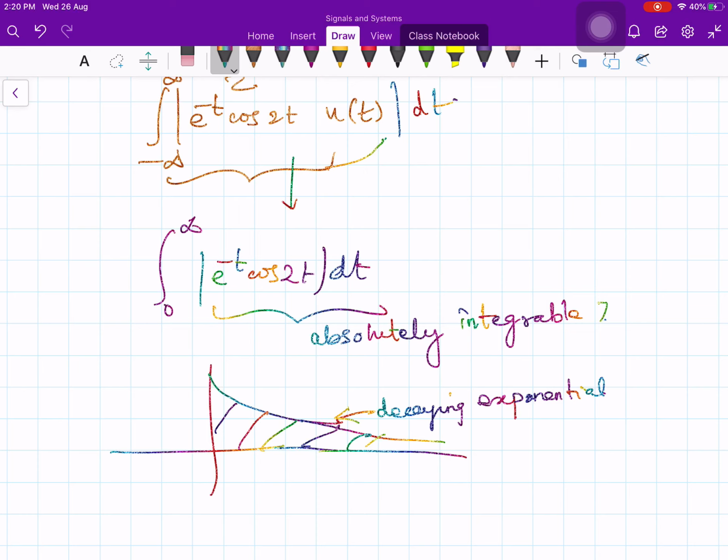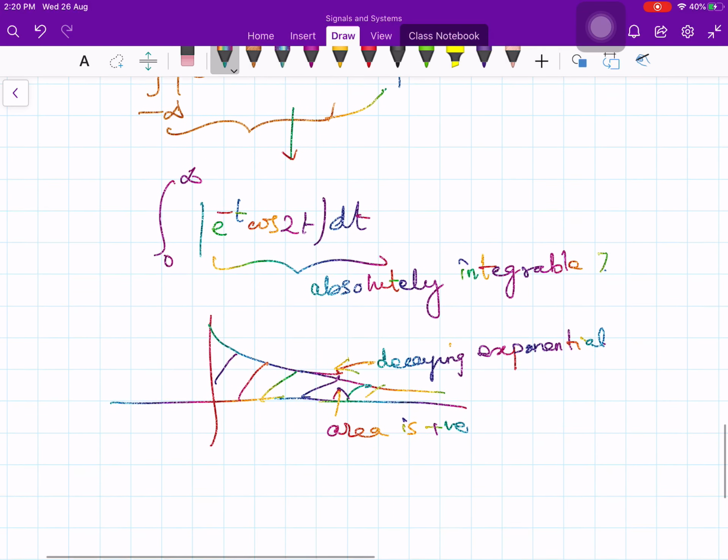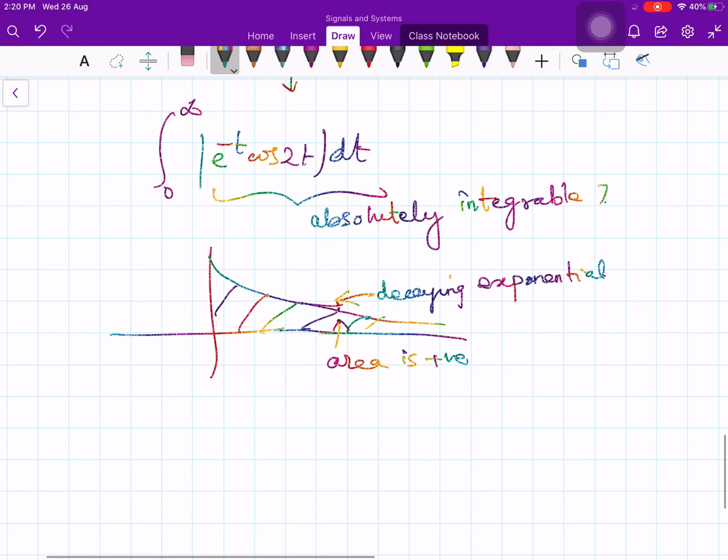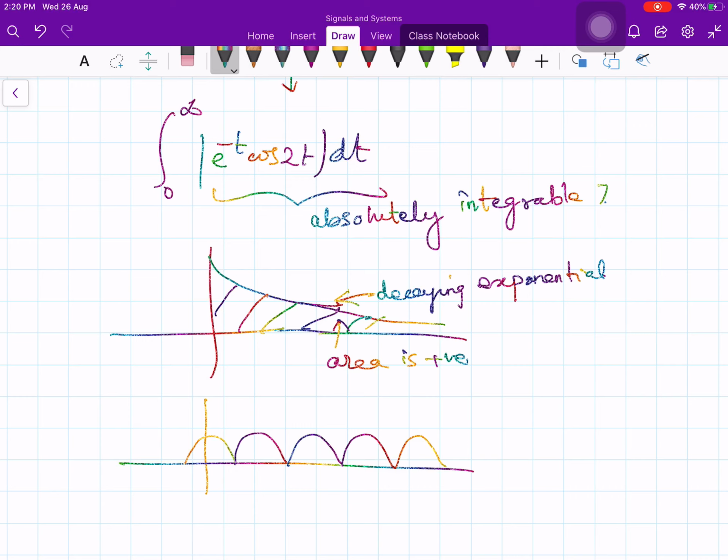And you are multiplying with cos 2t, and the maximum value of cos 2t is 1, and the minimum value is minus 1. That means you are taking the magnitude of cos 2t, like this. Now the maximum value is 1, and at some points it is 0 and at some points it is 1. Therefore, the integral is clearly finite valued.